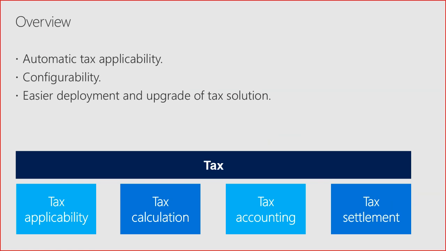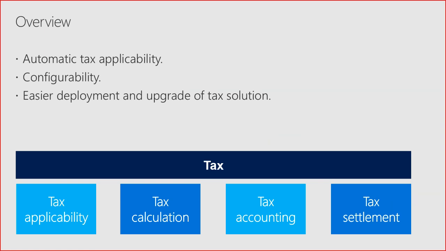But in our new GTE, the user who enters a sales or purchase document doesn't need to worry about what is the correct tax type or the correct tax rate. He just enters the transaction directly, without worrying about the taxability logic.